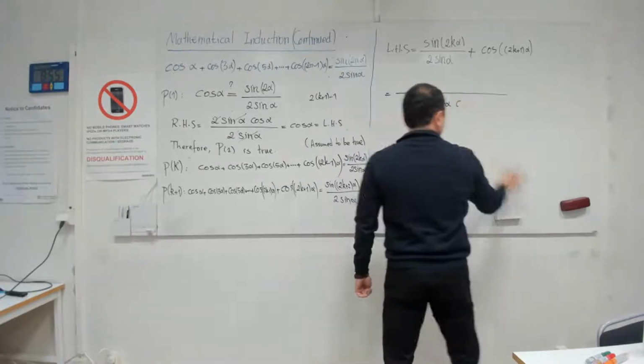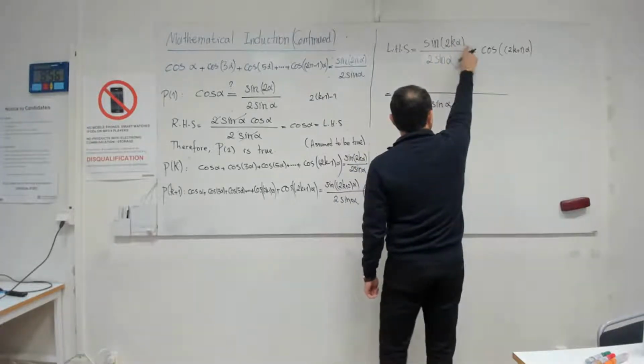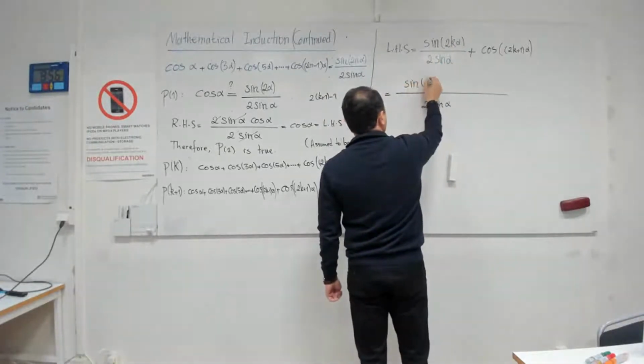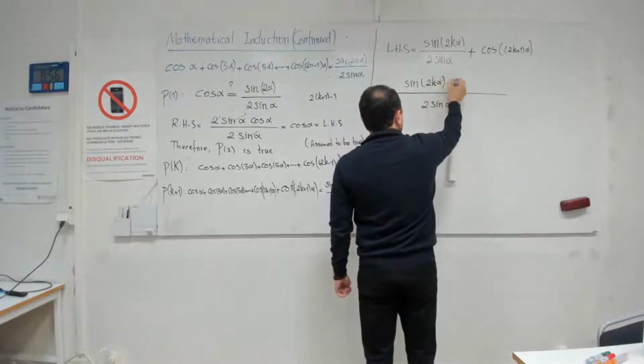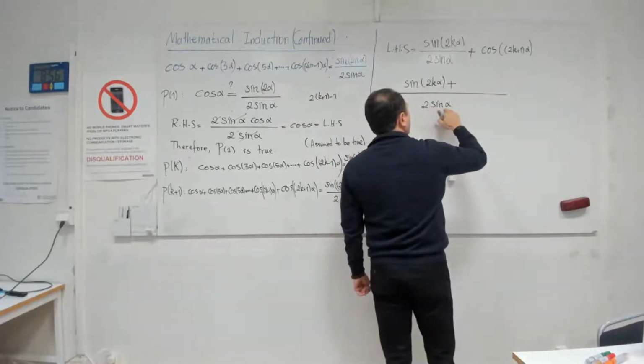Okay, and then this divided by this is just 1 times the numerator is the same. But then the denominator of this is actually 1, so it is 2 times sine alpha times.